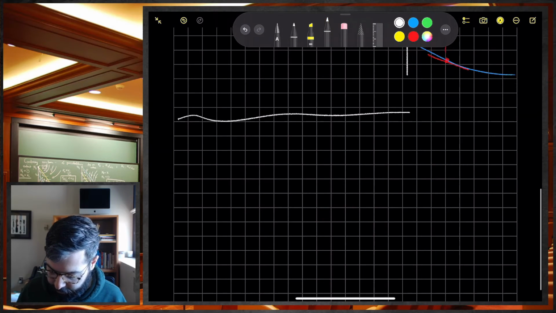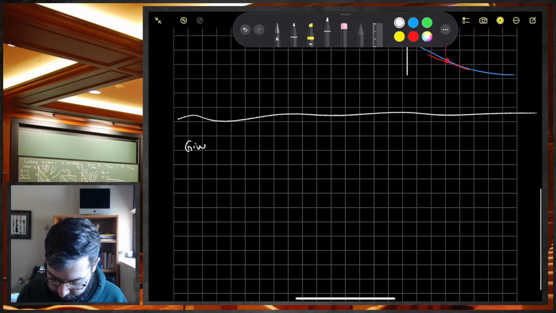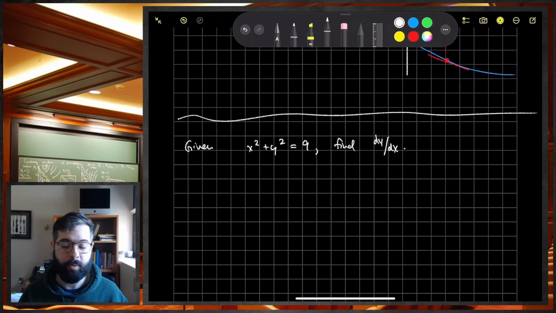Okay, so let's say given x squared plus y squared equals 9, find dy dx. You might also be asked to find the slope of the tangent line at a certain point on the circle, which we would need dy dx for. There's a lot of types of problems that center on this.